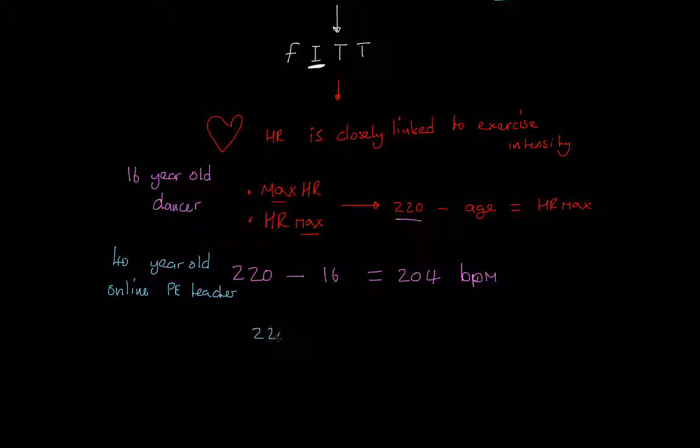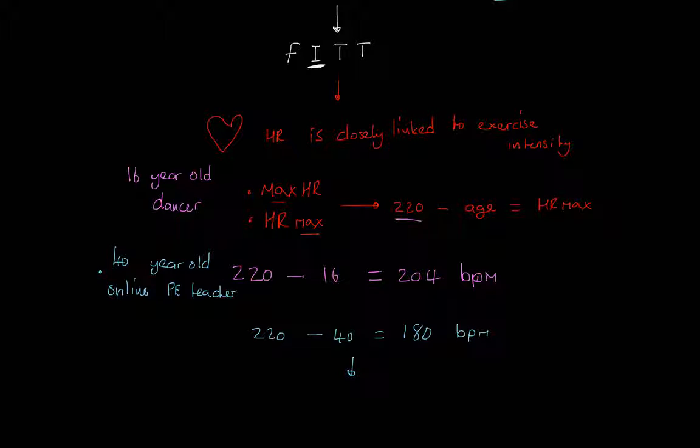We have 220 minus the age, which is 40, equals a max heart rate for this person of 180 beats per minute. So at least theoretically, that is the maximum heart rate this person can get up to. Sometimes one can get past that, but never mind.